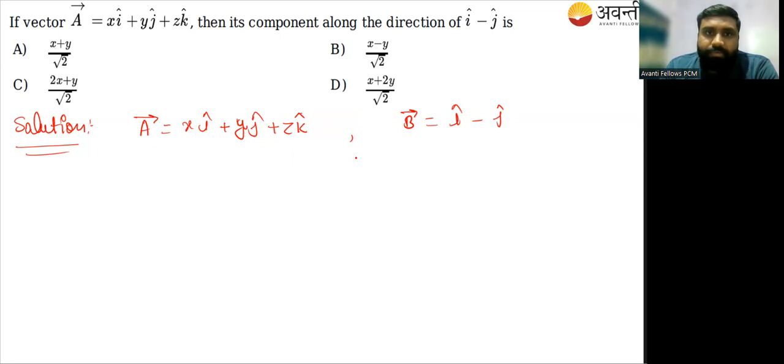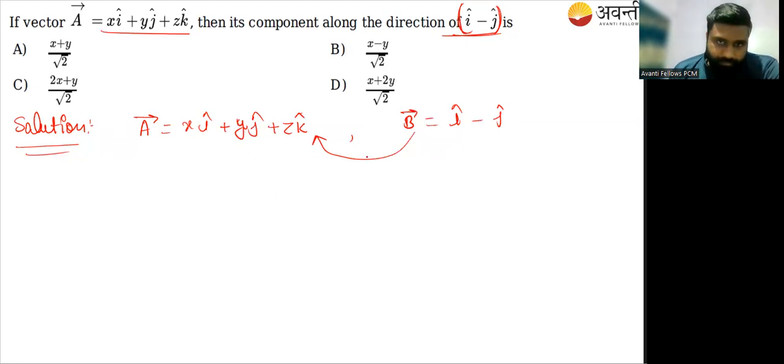Firstly, we want the component of this vector in the direction of this vector. So what we can do? We can take the direction vector or unit vector of this vector B and take the dot product with vector A. So we will get the component of vector A in the direction of vector B.